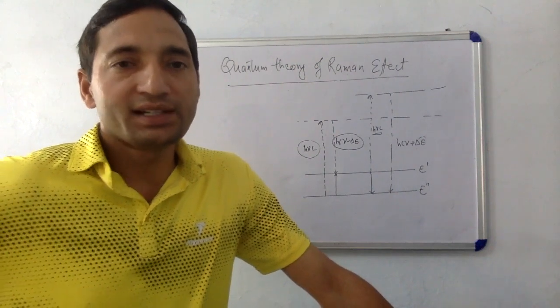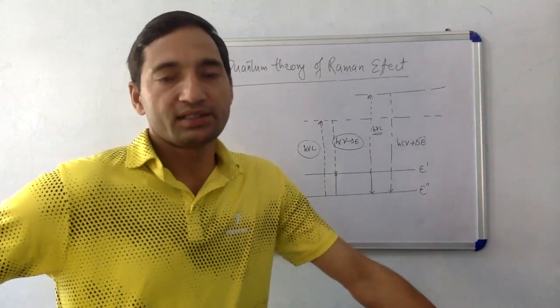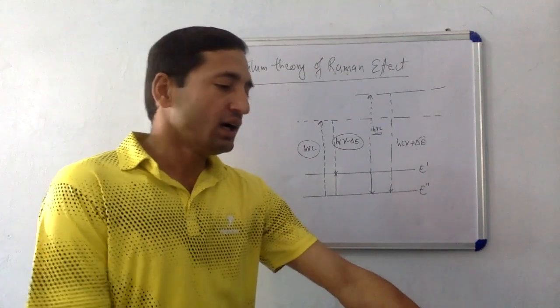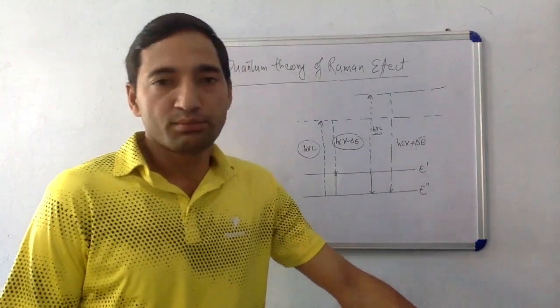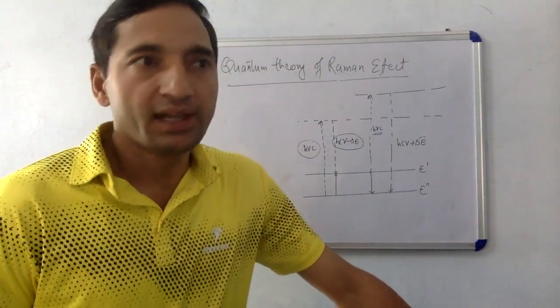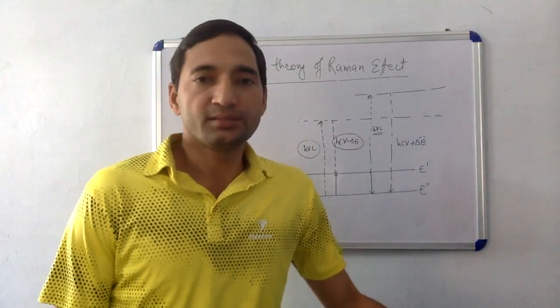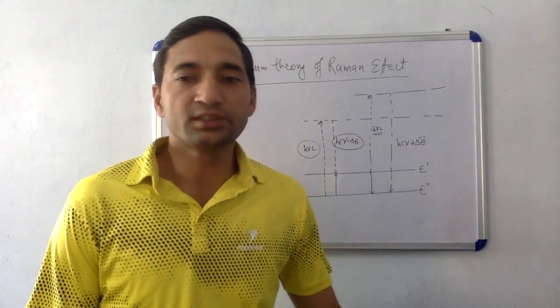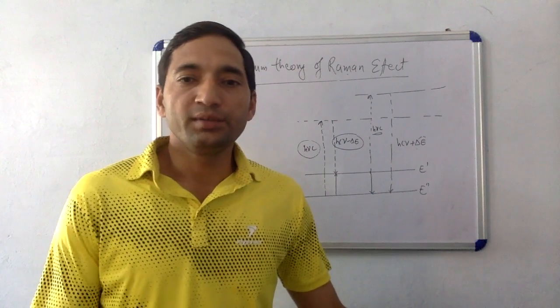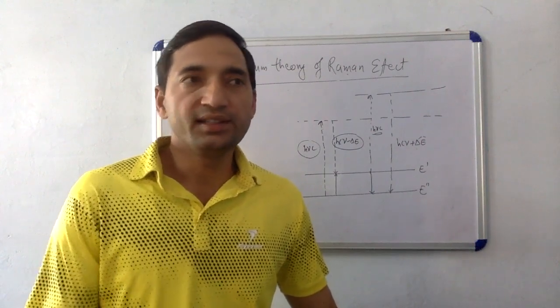It will be easier to understand what exactly is happening, and we will see how the selection rules are important in the case of Raman spectra, and what the selection rules are for symmetric top and asymmetric top molecules.